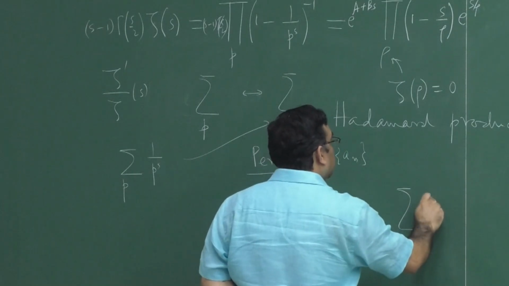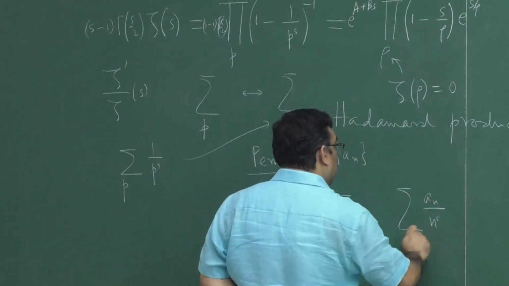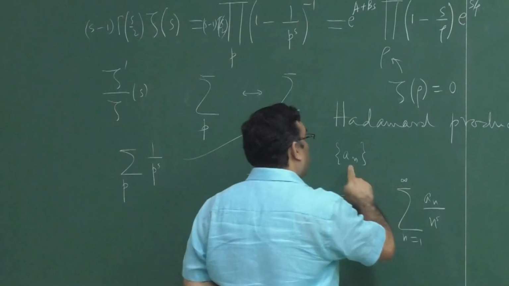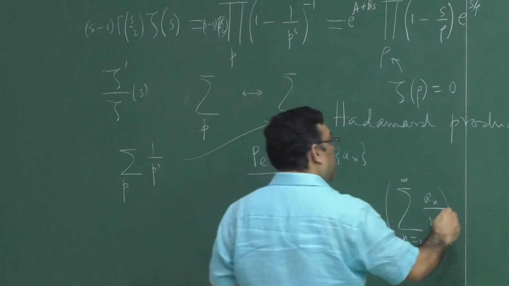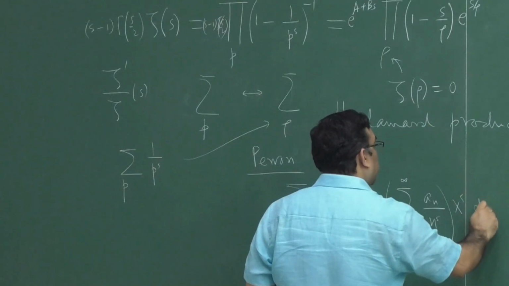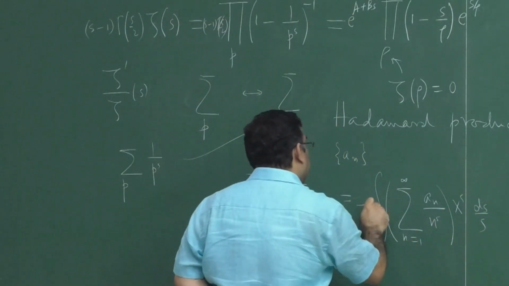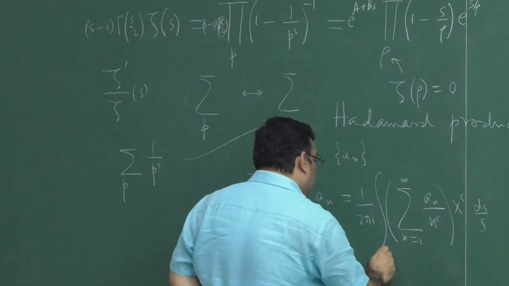We form a Dirichlet series with this as the sequence of coefficients, then x to the power s, and take an integral, 1 by 2 pi i.